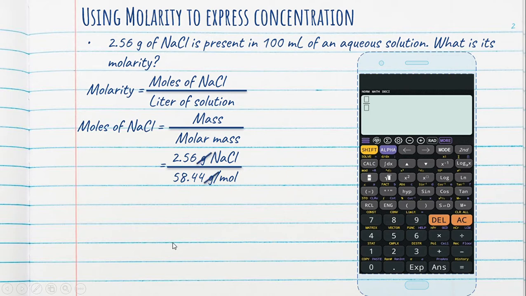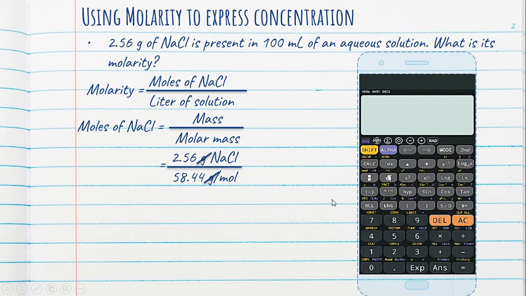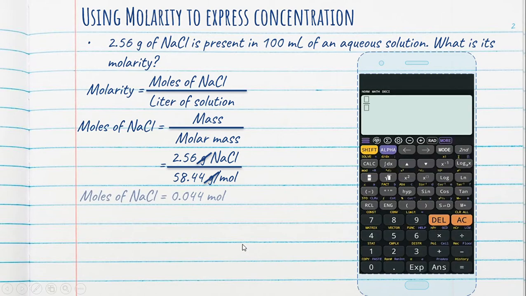Cancel the grams and we will solve for this: 2.56 over 58.44. So we get the answer, which is 0.044. Let's round off. So this is the moles of sodium chloride.